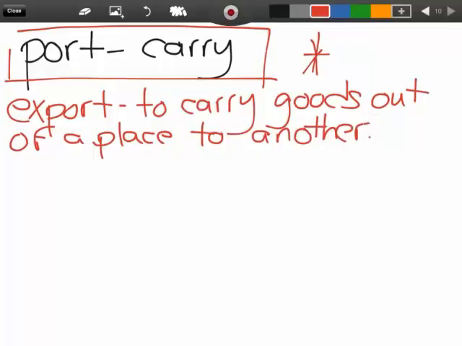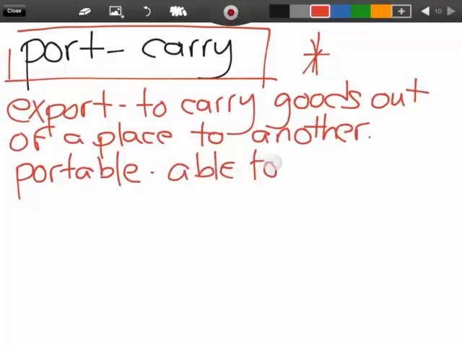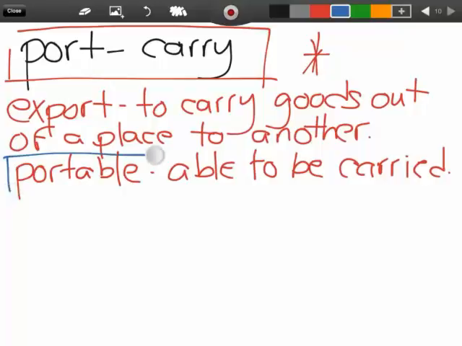And I'm going to give you another one, which is portable. And the meaning of that is able to be carried. I'm going to go ahead and use portable in a sentence.